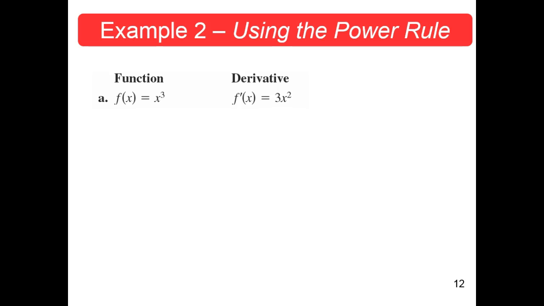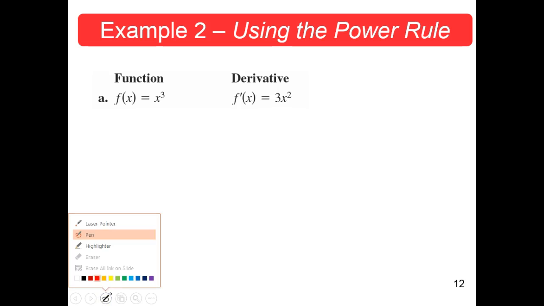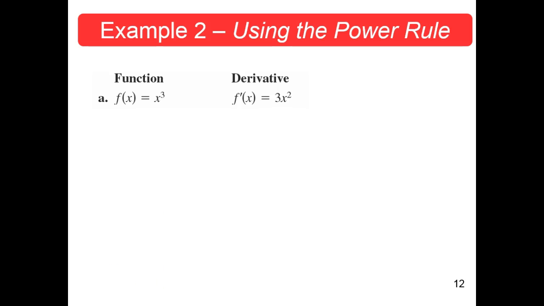If I move too fast, my head hurts like crazy, so I'm going to try to slow down a little bit. All right, so let's do, and I've got to get my pen reclaimed here. All right, here's example 3. Find the slope of the graph of f of x is equal to x to the 4th.